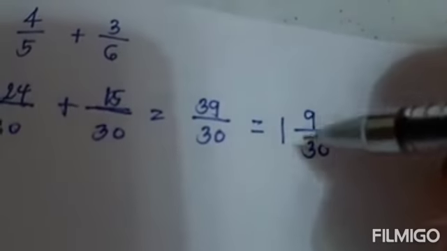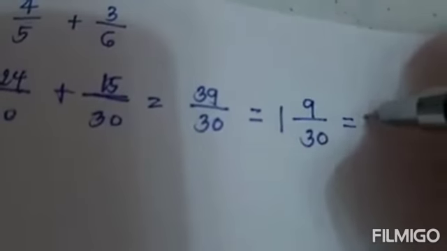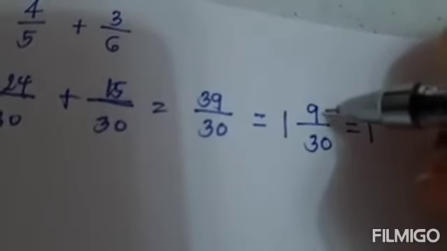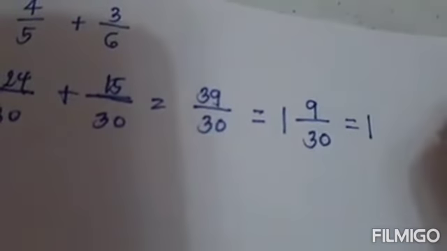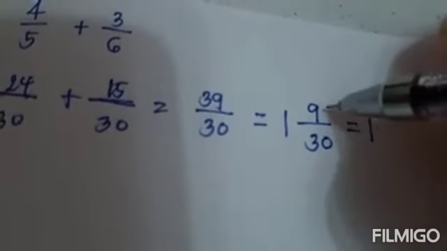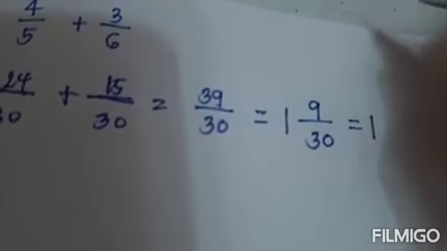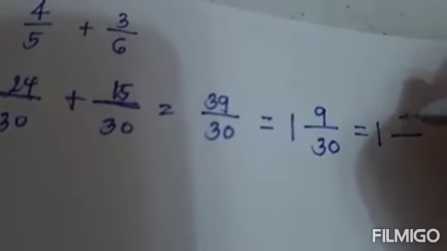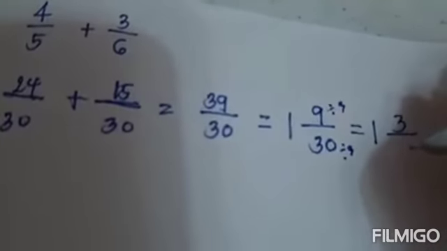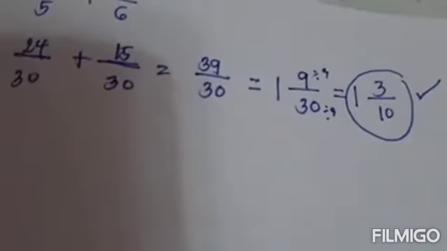When you convert a mixed number to lowest term, do not forget to copy the whole number. Then go back to the fraction. Find the GCF or the greatest common factor. That is 3. So 9 divided by 3, you get 3, then 30 divided by 3, that is 10. So your answer is 1 3/10.